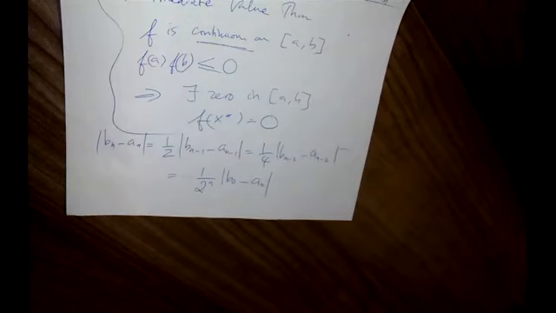So this one I just wrote before. bn minus an is just 1/2 to the n times b0 minus a0. So you can see how it works here. So this is exactly here, and we run it.